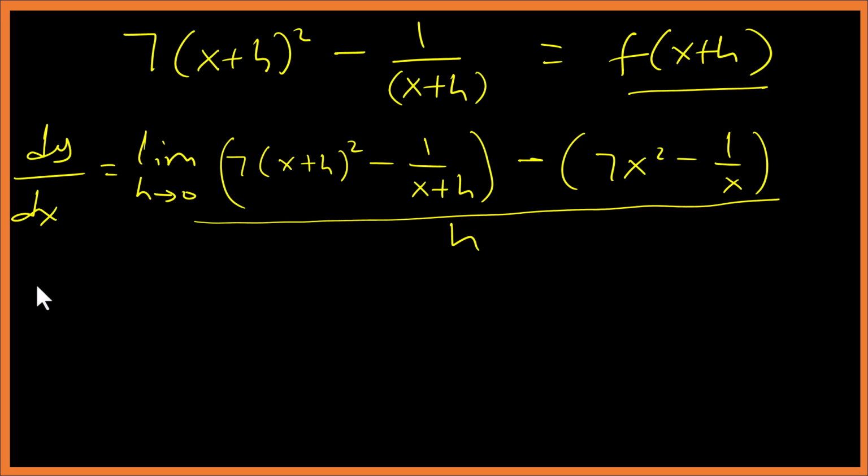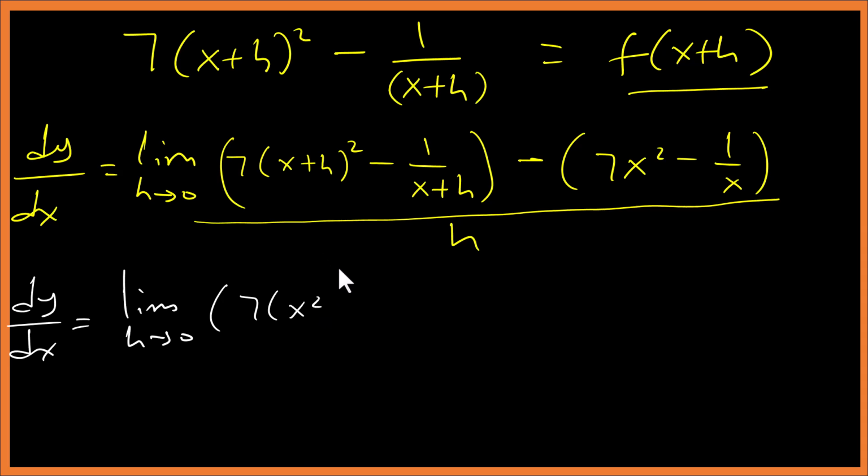So the next step, I will deal with the brackets. Limit as h approaches 0. So let's expand this. We have 7 times x squared plus 2xh plus h squared, minus 1 on x plus h.